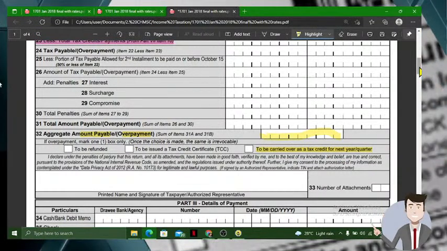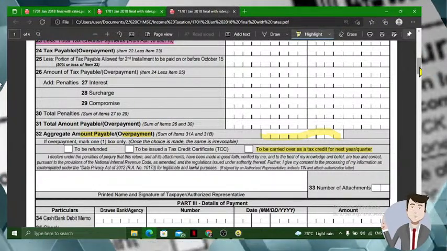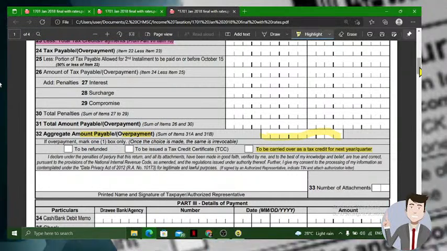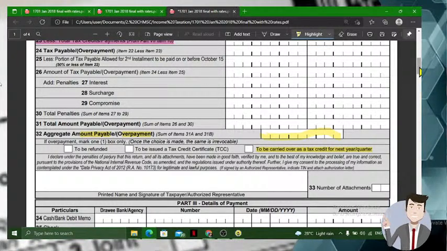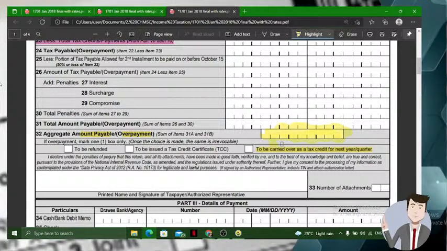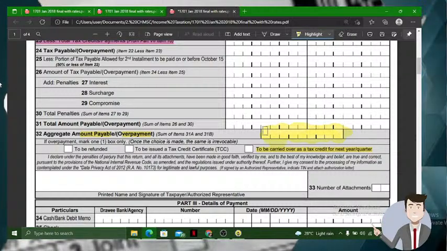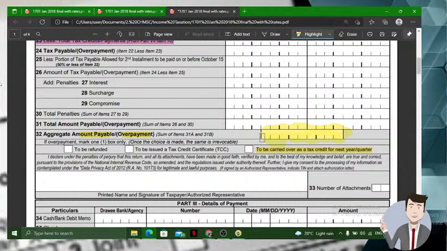Then you have to print it. After printing, you have to pay it in a bank that is authorized by the Bureau of Internal Revenue. If you are using EFPS, automatically the amount in this portion will be debited from the bank account that you have registered in your electronic filing and payment system, or EFPS.